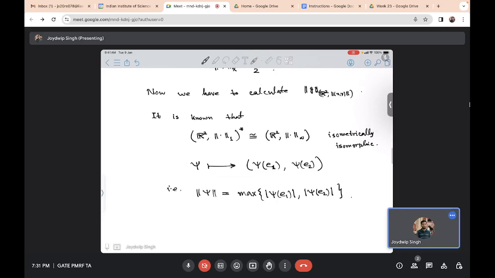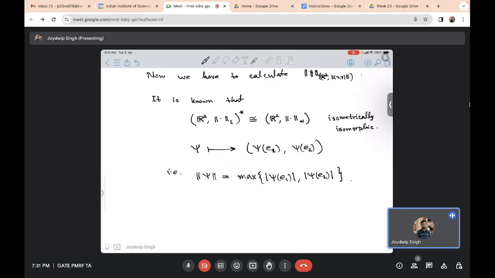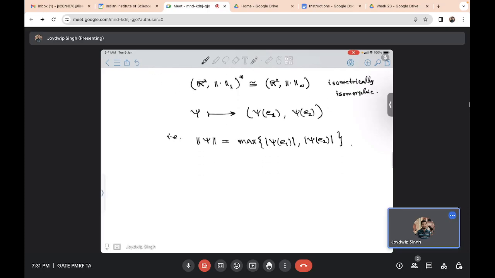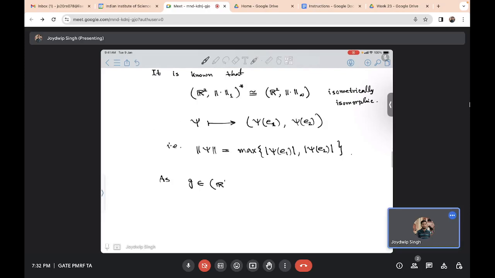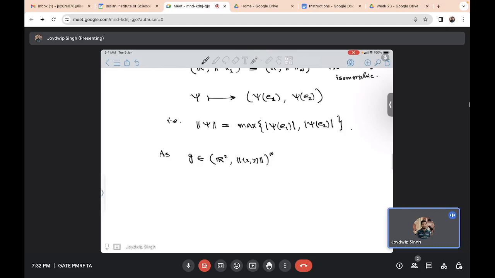So therefore similarly G is in the dual of this, right? As G belongs to the dual of R2, where this norm is the L1 norm.